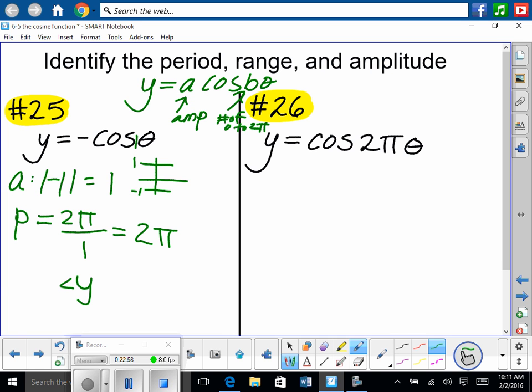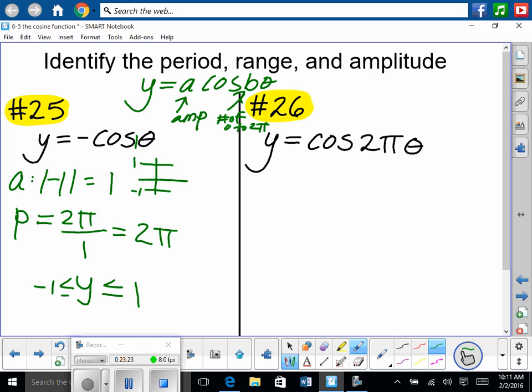Our y is greater than or equal to -1, but it's also less than or equal to 1. So this is my range, my y values. Does that make sense? It's bouncing between -1 and 1. Okay, awesome.